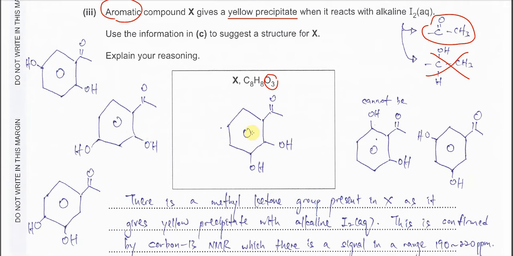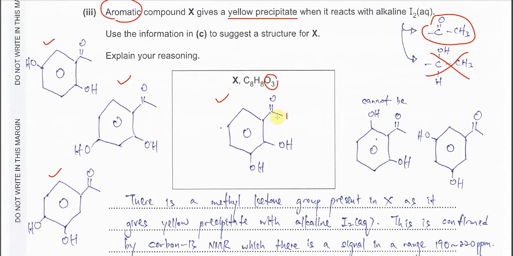You can use this one, or this one, or this one, or this one. Why? Because these structures can give the 8 signals in the carbon NMR, meaning 8 different carbon environments. Let's count.